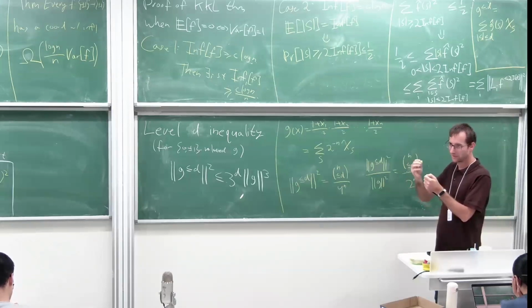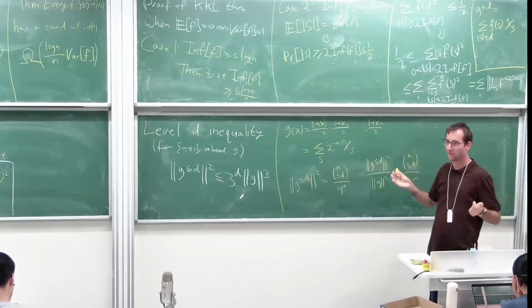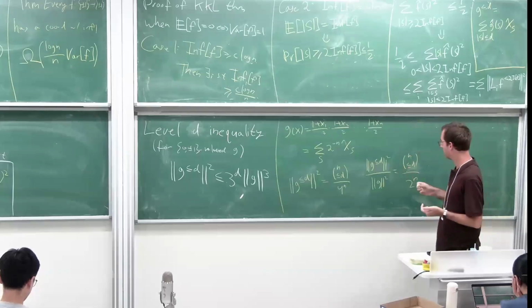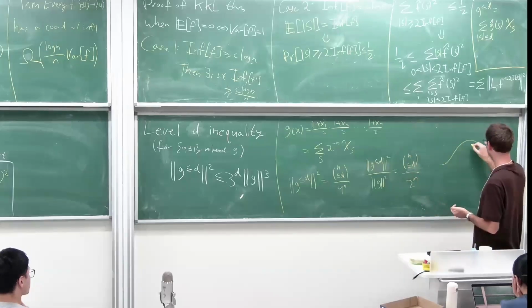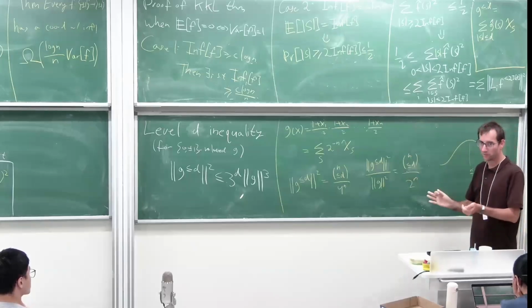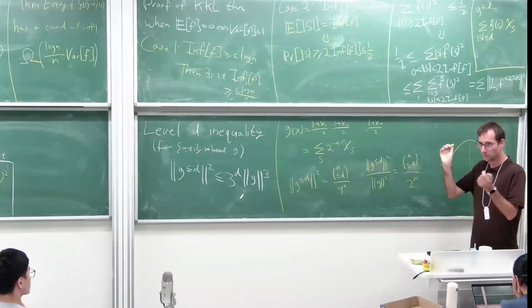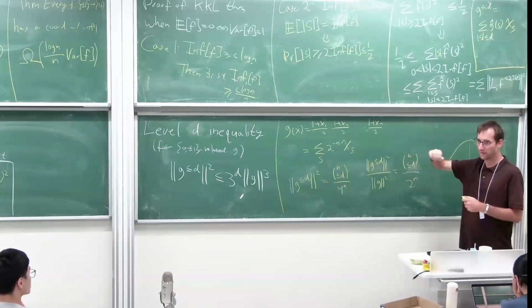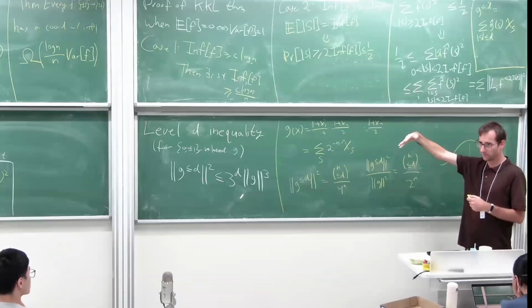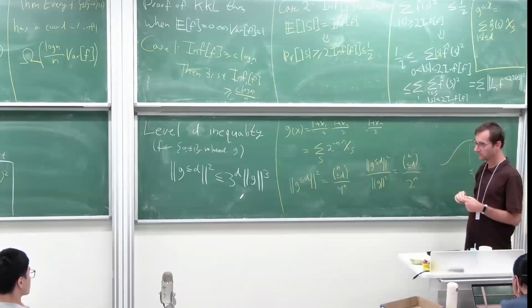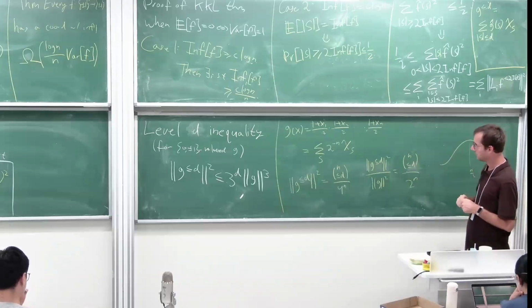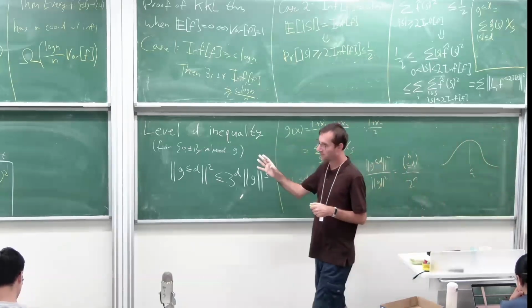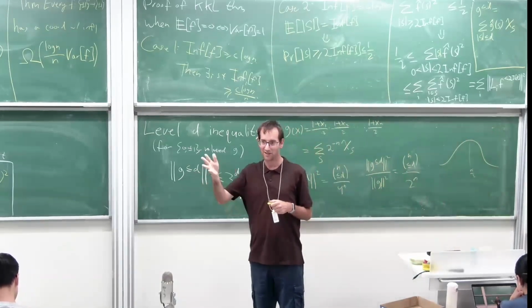If you look at the diagram of where the mass of this function sits, it will look like a Gaussian centered at n over 2. If you look far to the left, you will see almost nothing. So this function is extremely spiky, and for this reason its mass is spread across the different levels. The levels correspond to the size of the Fourier coefficient, and the level d inequality is a quantitative way to state this.